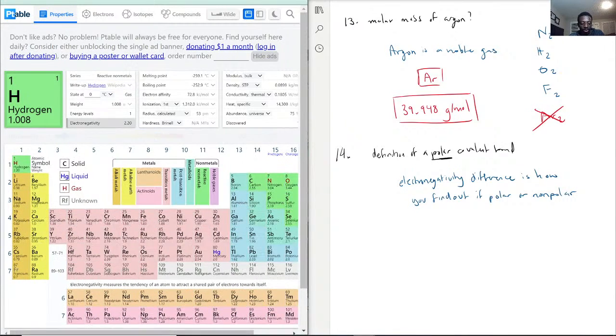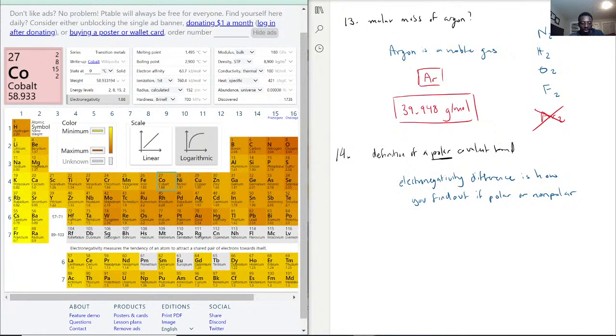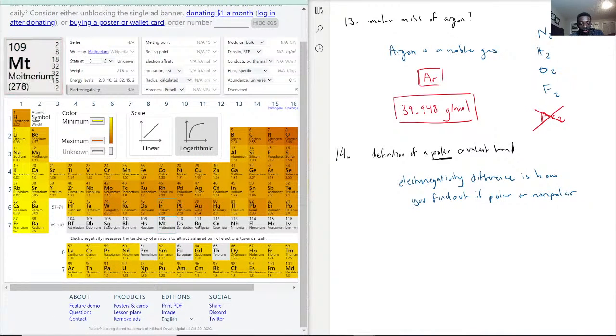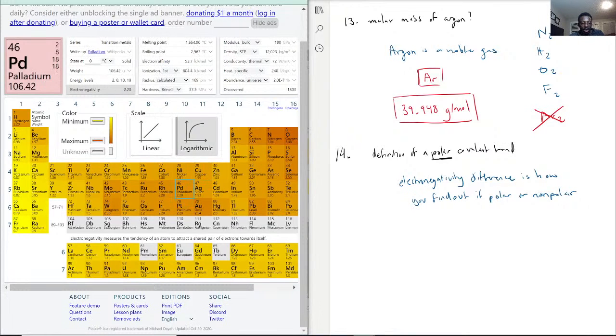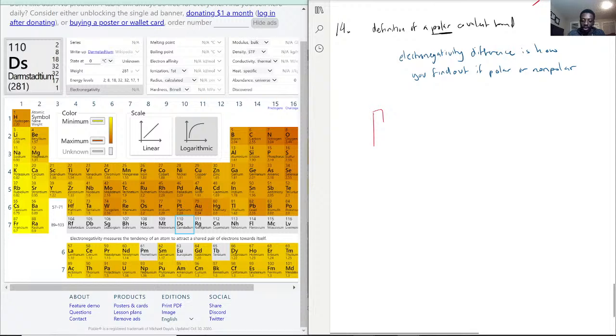So let's switch over to electronegativity. Right now it's showing logarithmic. This is more linear. The point being, if you had your periodic table, and just scroll down more because we're on question 14.